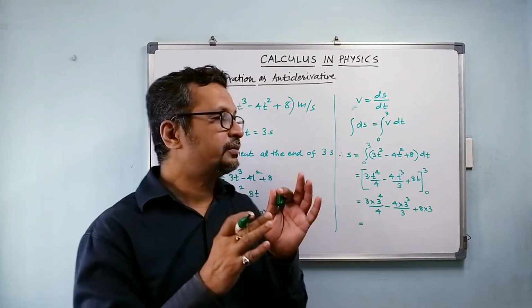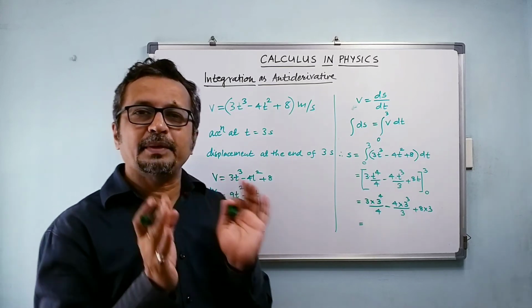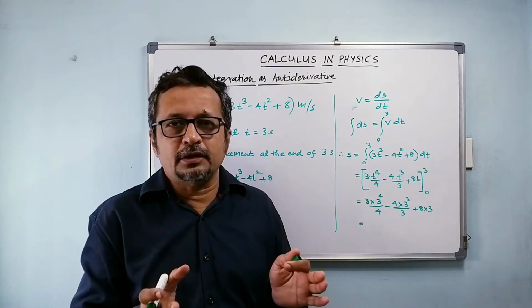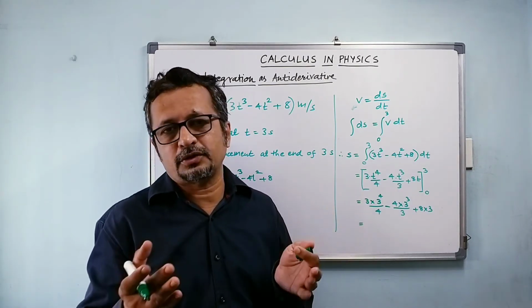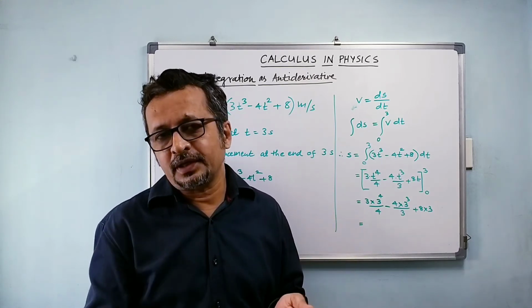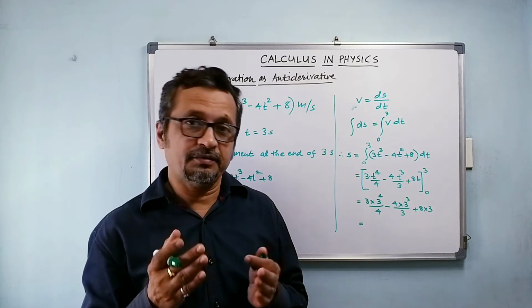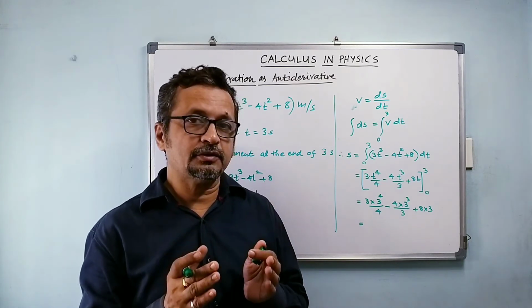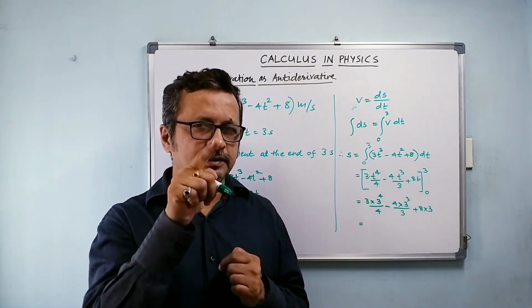So now here what we basically learned is application of calculus in physics. So I have been given velocity. If I integrate velocity, I get displacement. If I differentiate velocity, I get acceleration.